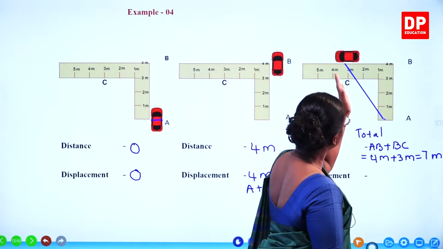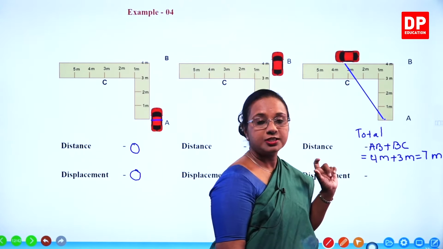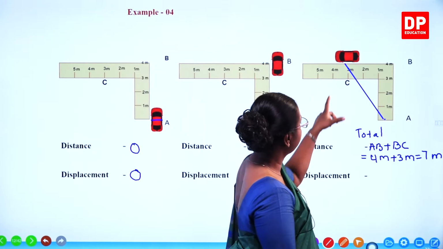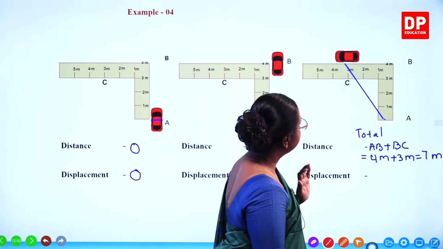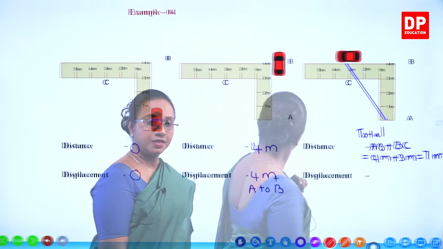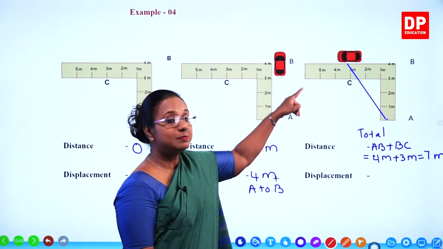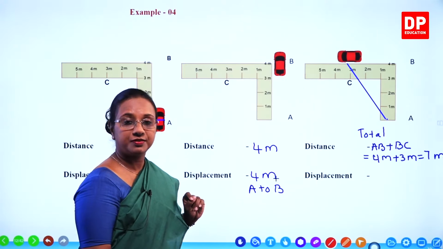Now we don't know the length of this shortest distance. We do not have the measurement. Then we will have to do a calculation. So we will see how we can calculate the displacement, the magnitude of the displacement.